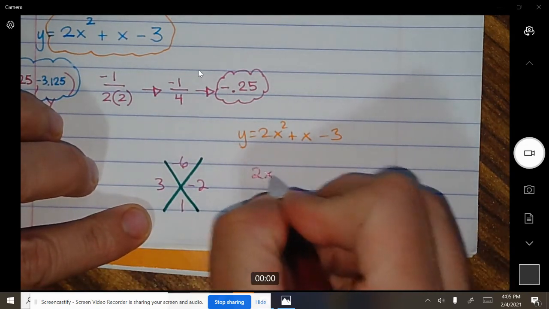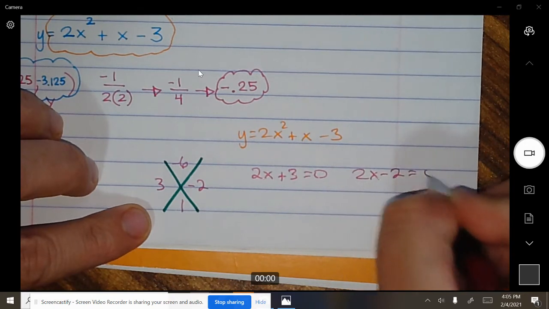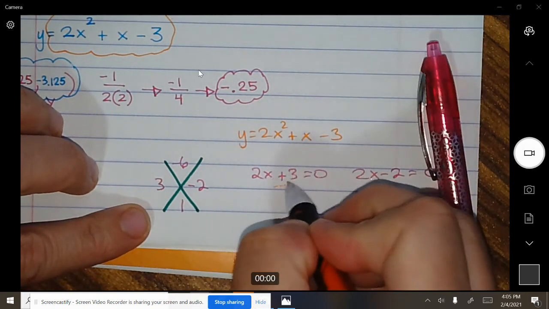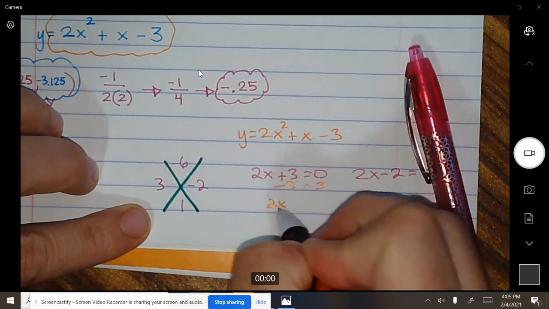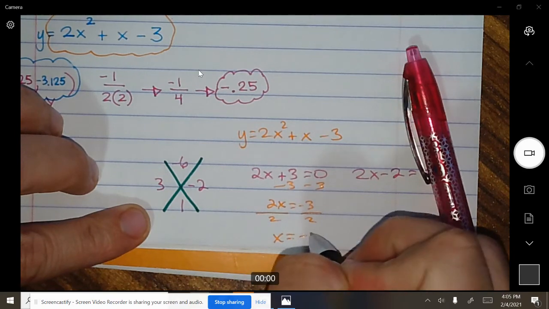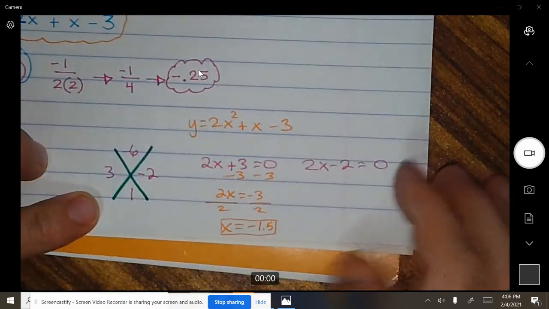I'm going to start with 2x plus 3 equals 0 and x minus 2 equals 0. If I subtract 3, we get 2x equals negative 3, divide by 2, x equals negative 1.5. All right.